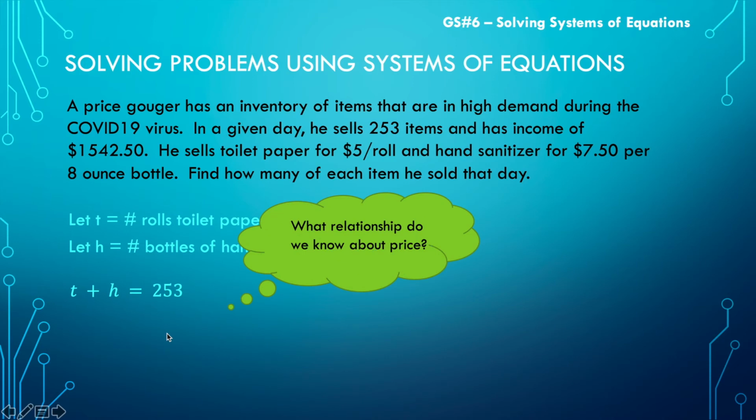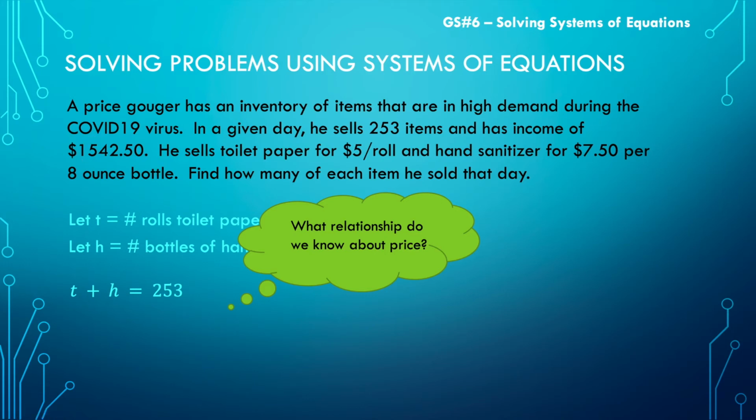Now the next thing we're going to think about is what relationship do we know about price? Well, you see there's 3 items that have to do with price, that have to do with money, right? All right, so we know that he sold toilet paper for $5 a roll, $7.50 per 8-ounce bottle of hand sanitizer, and the total that he made that day, or total income that day, was $1,542.50.